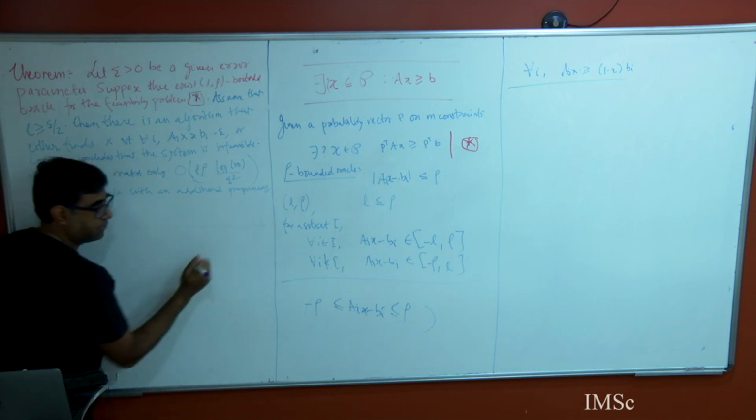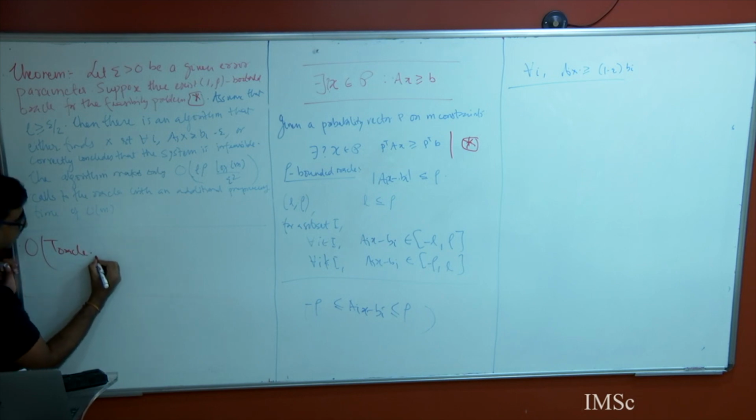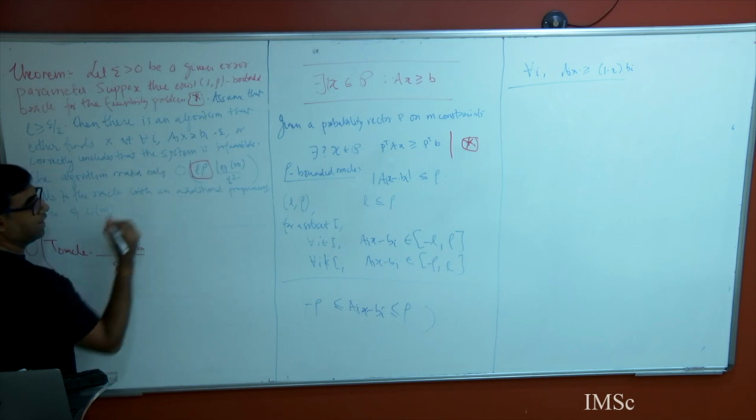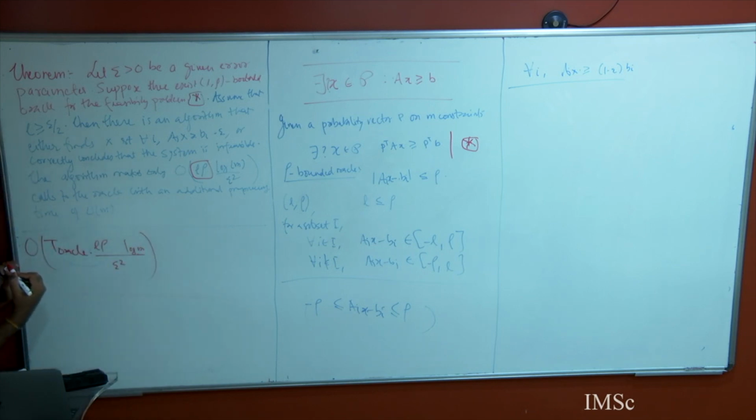So if the running time of the oracle is t_oracle, then the total running time of this algorithm is going to be O of t_oracle times log m over epsilon square, for whatever L and rho you are able to make such an oracle. So this is what the running time of the algorithm will be.